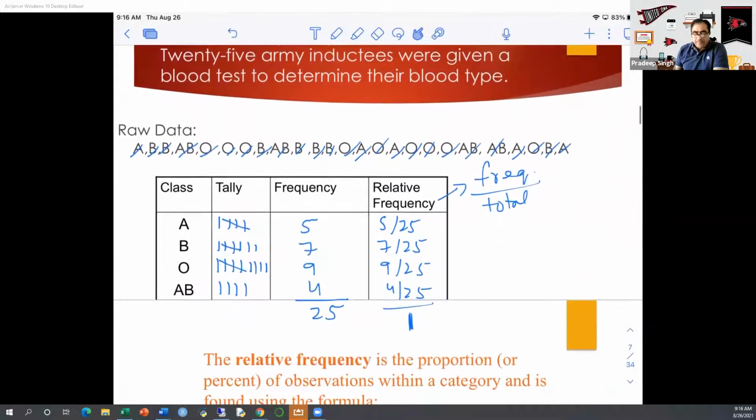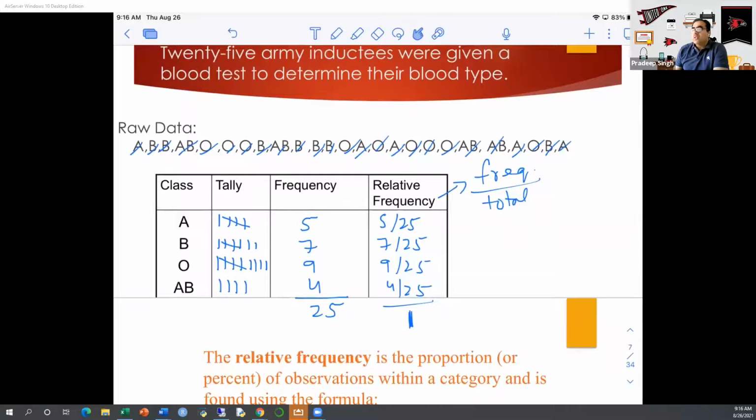Now you can use the raw data also to do that. If you look at this data, you have 25 blood types, and if you have to organize that into a frequency distribution, first you have to identify the number of categories. It's blood types, so you have 4 categories: type A, type B, type O, type AB.